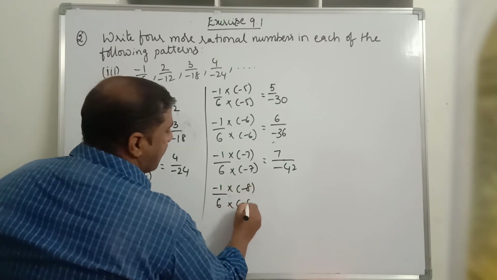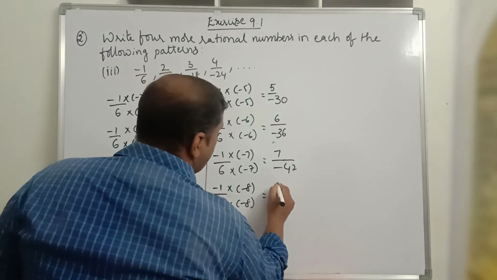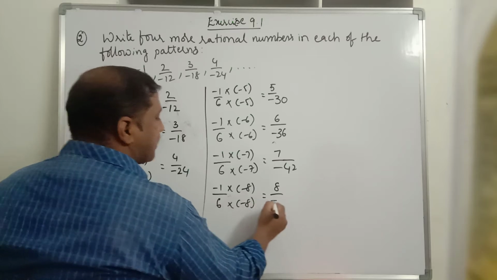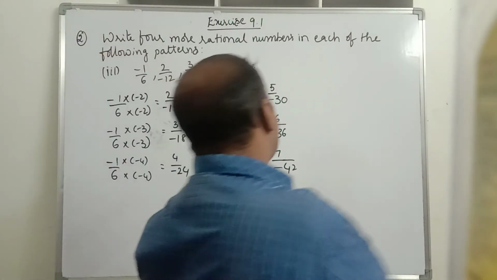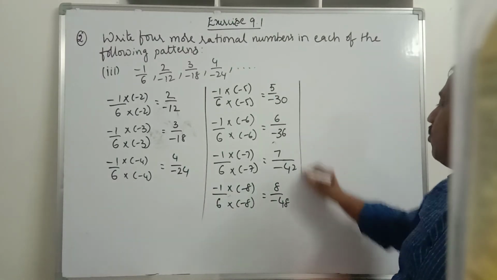Next, minus 1 by 6 is multiplied with minus 8. Therefore what we get? Minus into minus is plus, 1 into 8 it is 8, plus into minus, minus, 6 into 8, 6 8s are 48. Now these are the 4 rational numbers which we get in this pattern after 4 by minus 24.